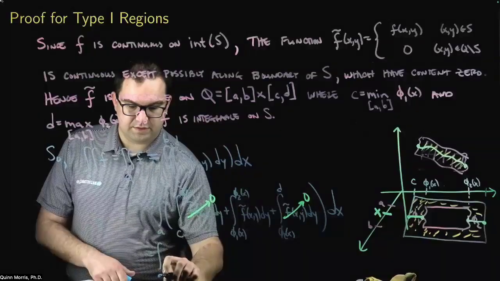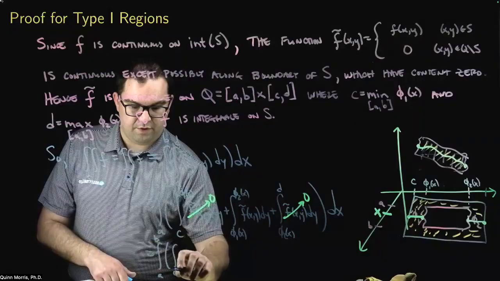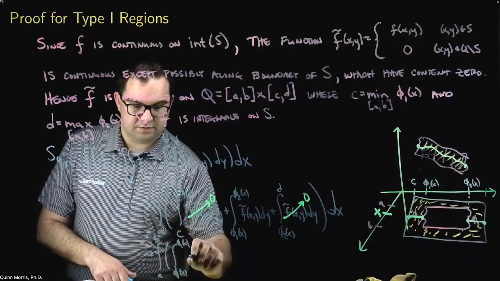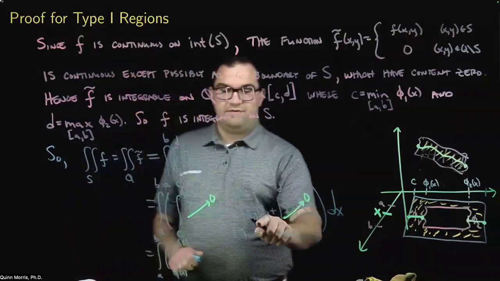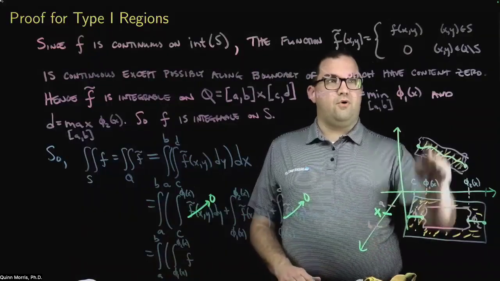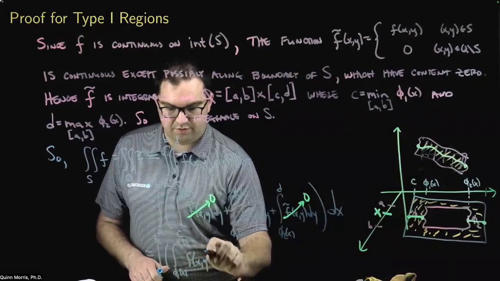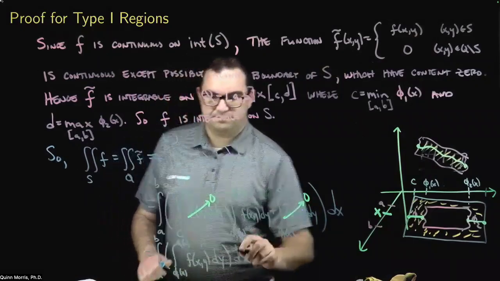And so what I'm left with is an integral from a to b of an integral from phi1 of x to phi2 of x of f tilde of xy, but on this interval, f tilde is just equal to f of xy. It's just an integral of f of xy dy dx.